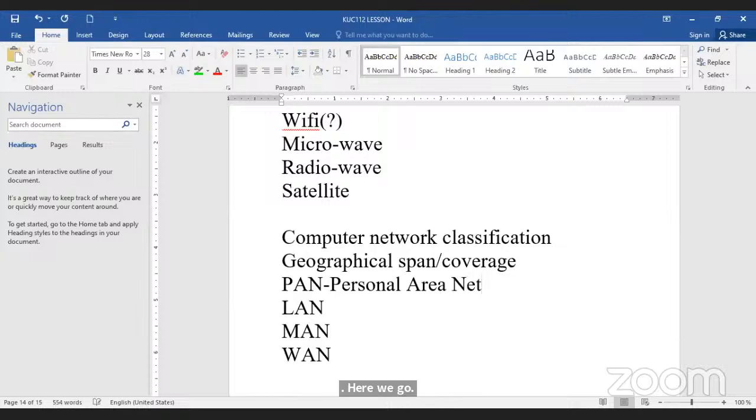So this is a network that you can form in your room, isn't it? You can connect a Bluetooth to your computer. You can transfer files to your friend. So that's called a personal area network.